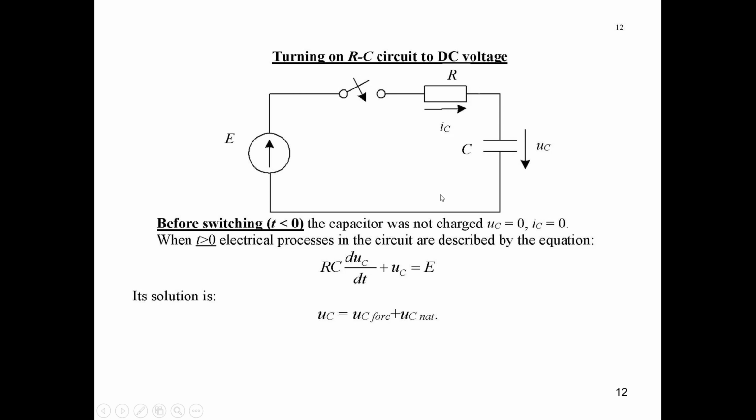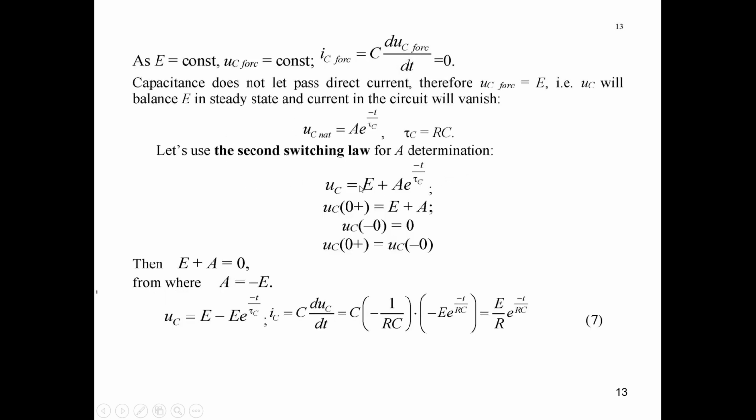It will be equal to this E, the forced component, plus A multiplied by e to the minus t over tau C, its natural component.